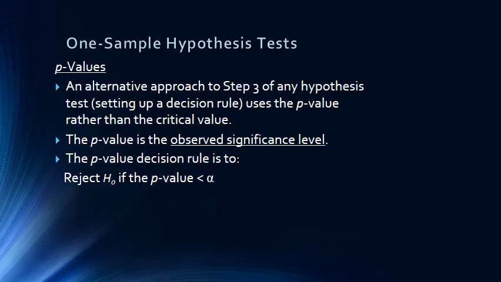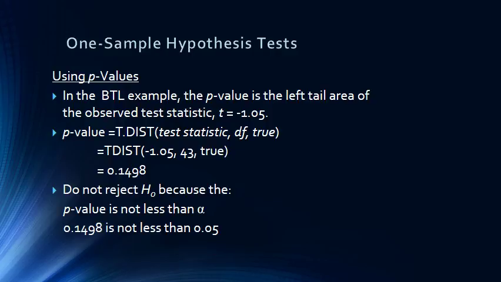So in the BTL example, the p-value is the left tail area of the observed test statistic, negative 1.05. To calculate the p-value, you use T.DIST with the test statistic, the degrees of freedom, and you set it to true.